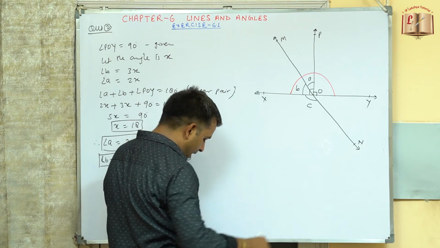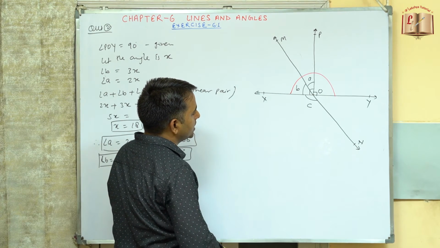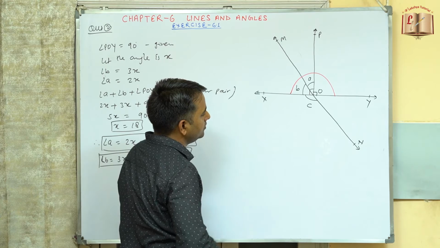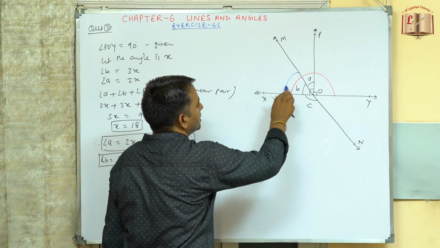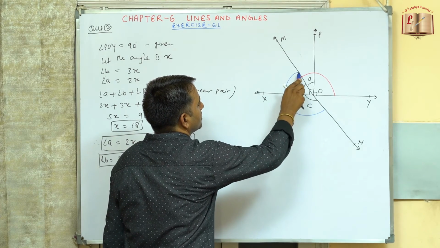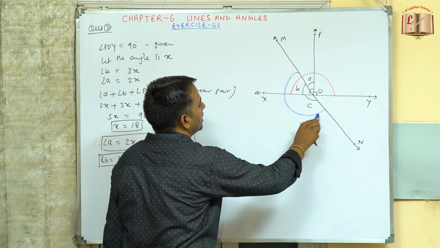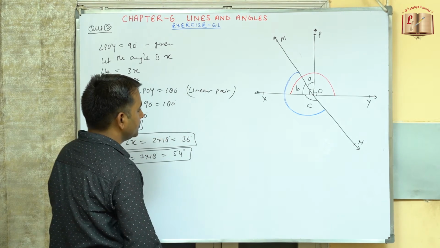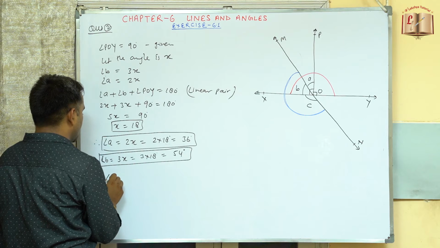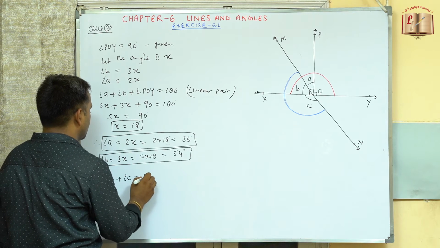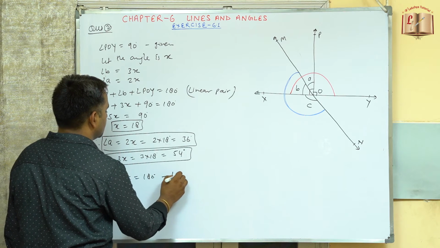Now see that B and C, they are the linear pairs. Now I can write angle B plus angle C equals to 180 degree. So this is linear pair.